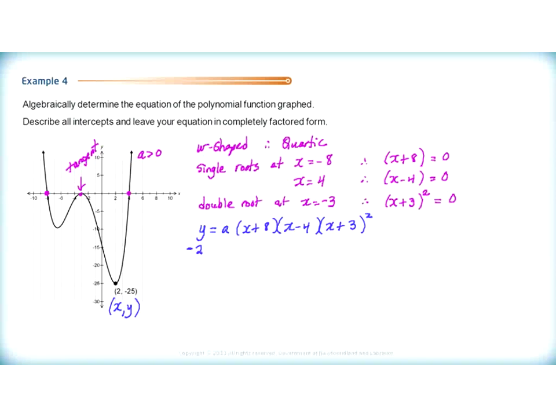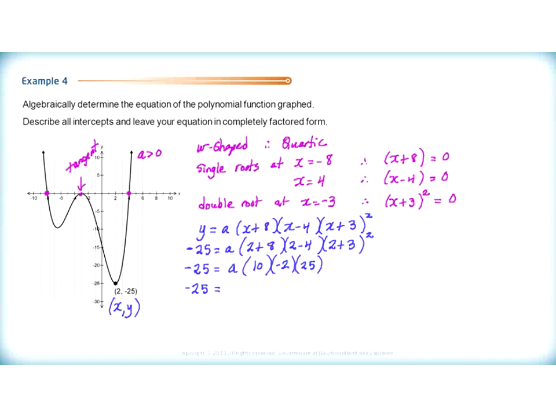Here we have -25 equals a multiplied by 2 plus 8 multiplied by 2 minus 4 multiplied by 2 plus 3 all squared. Simplifying, we have -25 equals a multiplied by 10 multiplied by -2, and 2 plus 3 all squared is equal to 25.